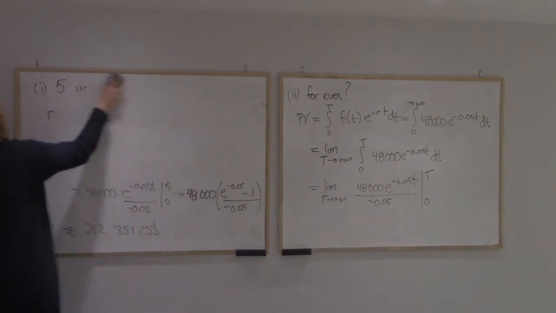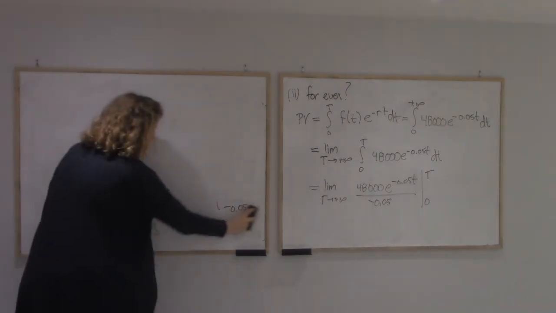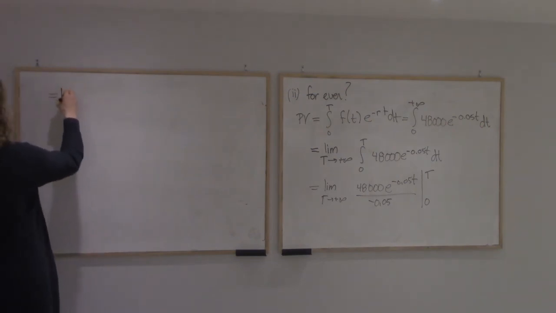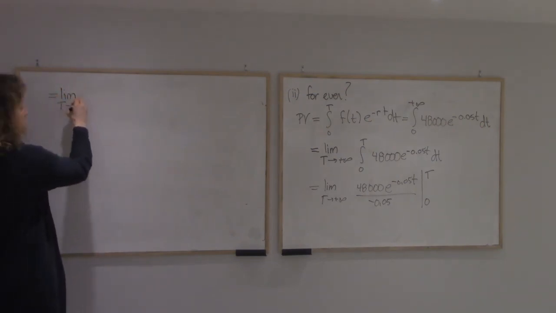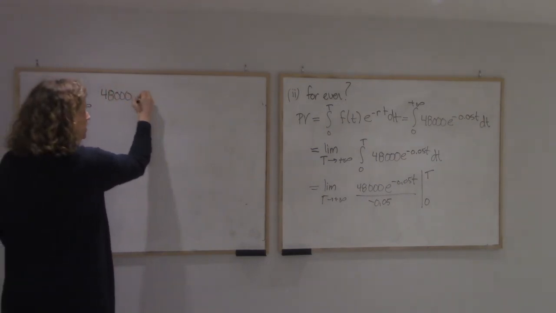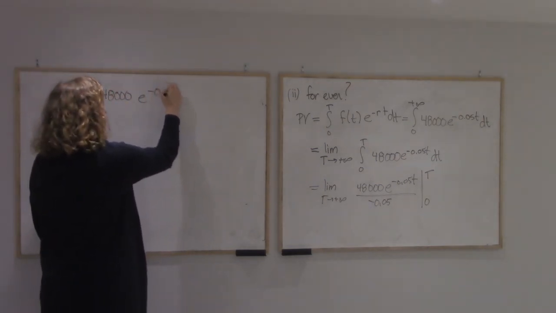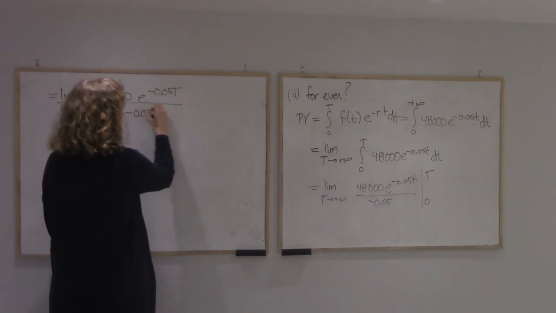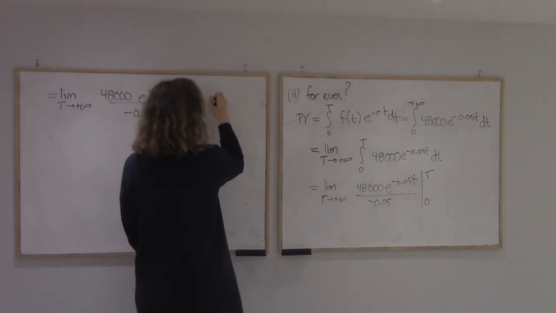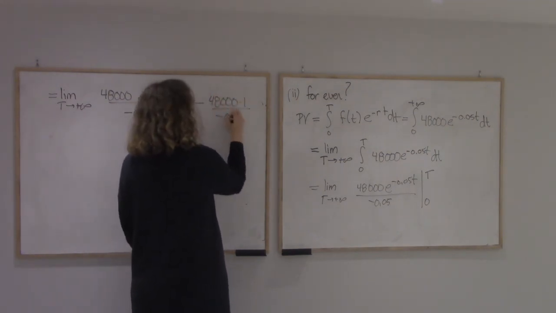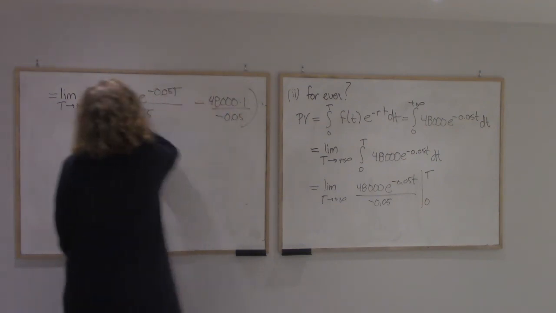I'll just have one final step to take, and that's to send T to infinity. So here, limit as T goes to positive infinity, 48,000 e to the minus 0.05 T over minus 0.05, minus 48,000 times 1 over minus 0.05.